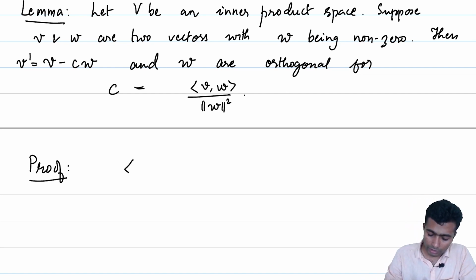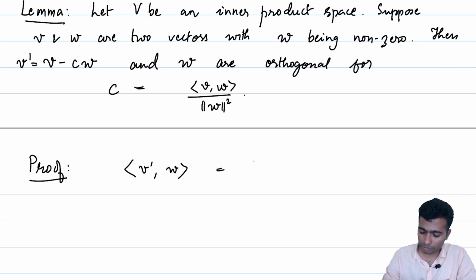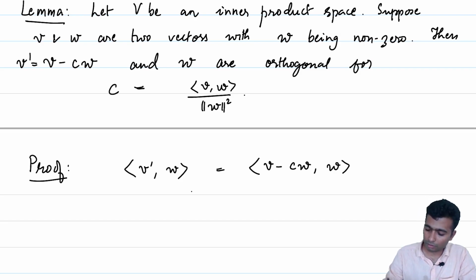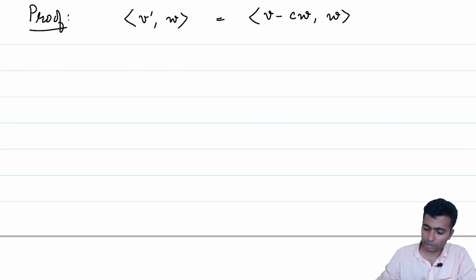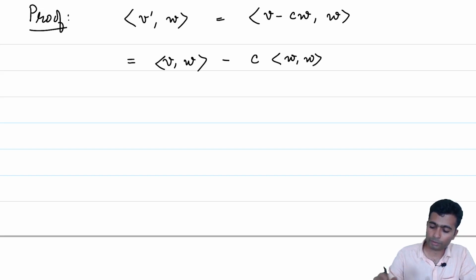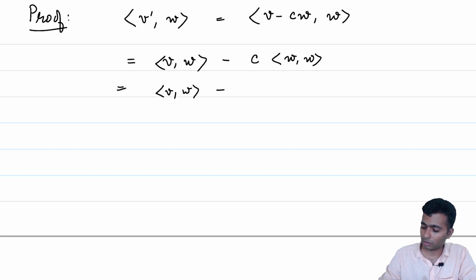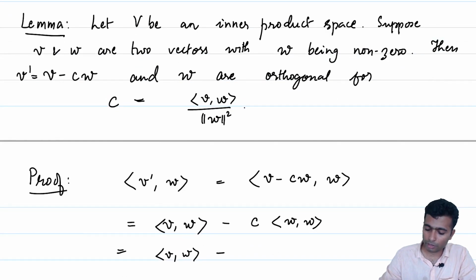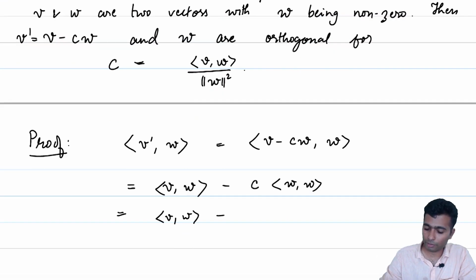Okay, so what is the inner product of V prime and W? This is nothing but the inner product of V minus CW with W, which by linearity is equal to the inner product of V and W minus C times the inner product of W and W. But what is C? If you recall, this is nothing but the inner product of V with W by the length of W squared.